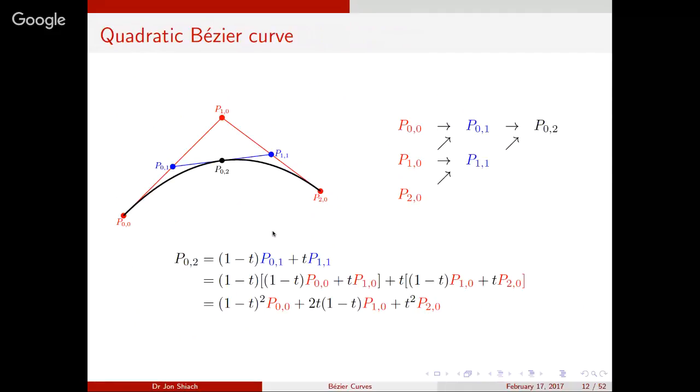So we've got 1 minus t times 1 minus t is of course 1 minus t squared, and you have 1 minus t times t, and you have 2 lots of those. Okay, so we've got 2 lots of t, 1 minus t. Okay, so that's derivation of the quadratic Bezier curve.